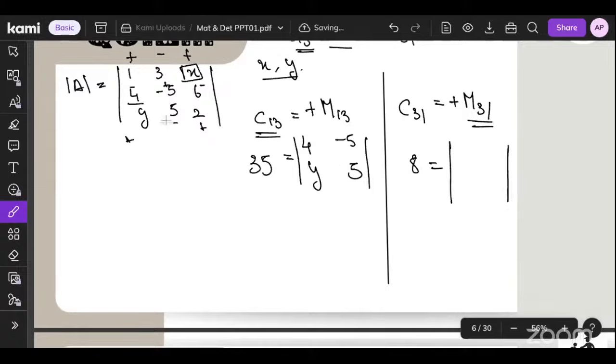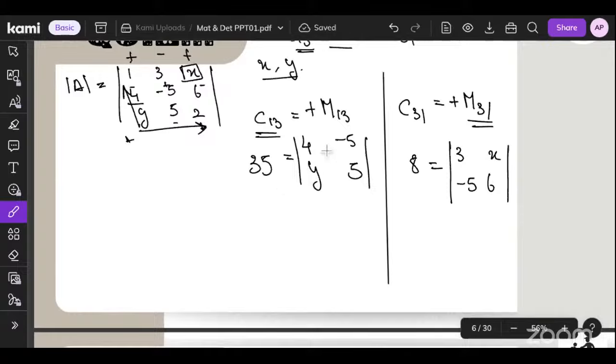We need to omit row 3 and then column 1, right? Without taking that, you will be getting 3, x, -5, 6. Now let us solve this determinant, and then we will get the values of x and y.